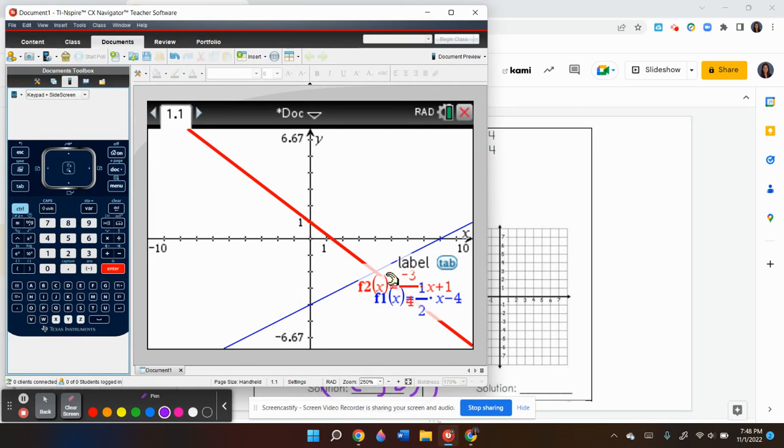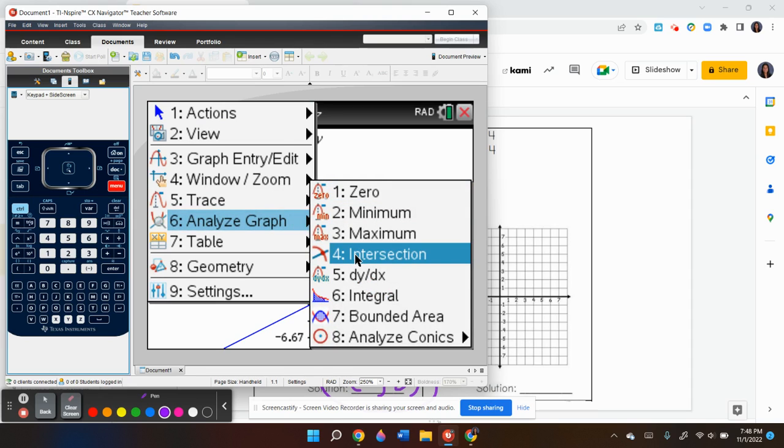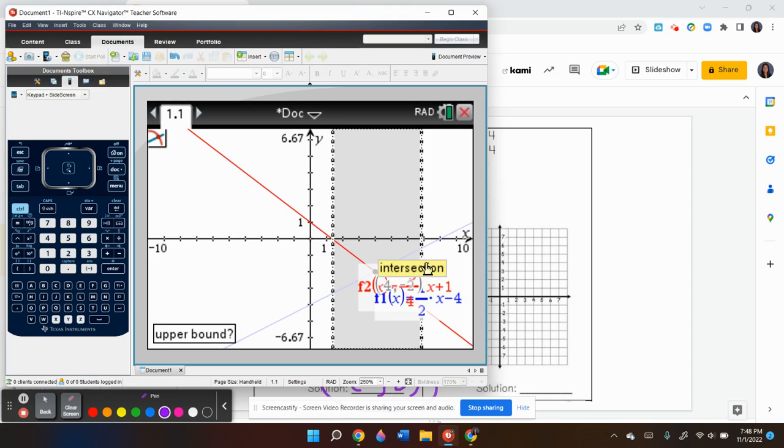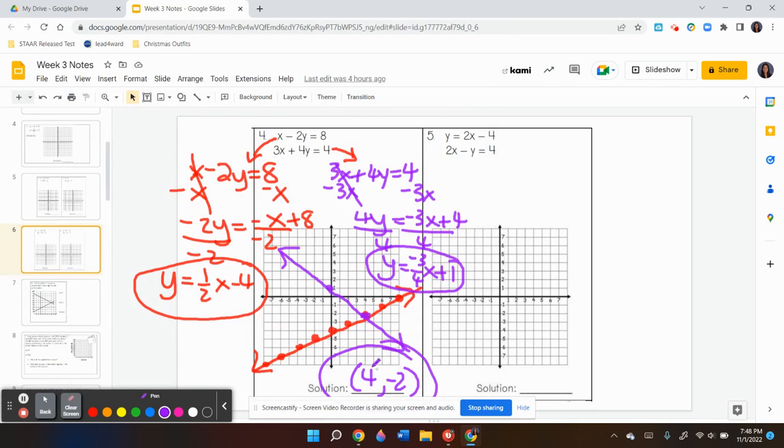And to see where they both cross, it's going to be menu 6 and 4 to find the intersection. So the intersection of this graph is (4, -2), which matches what we ended up with on our problem, (4, -2).